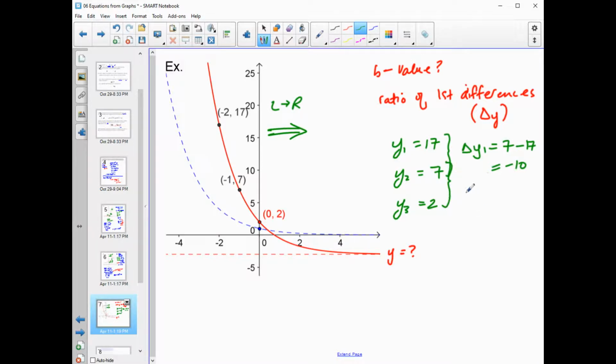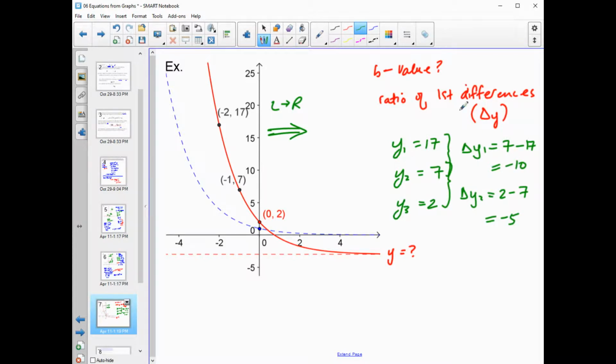And then my second delta y2 is going to be 2 minus 7, which is -5. Now the downside to this is you can see that whenever we use the first differences, we lose one piece of data.